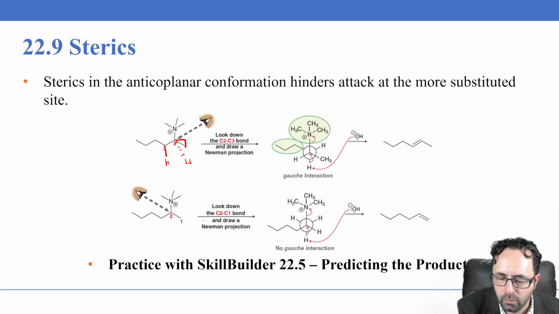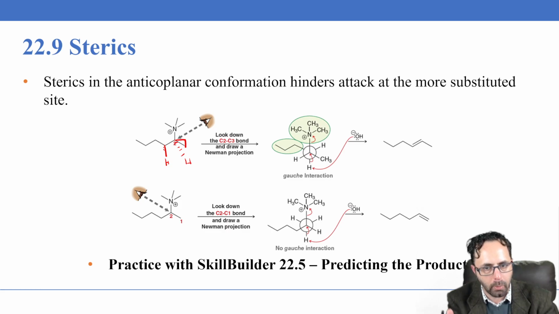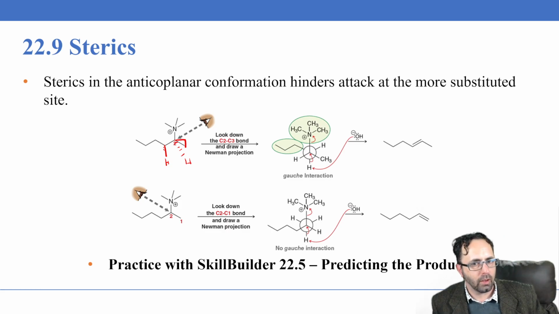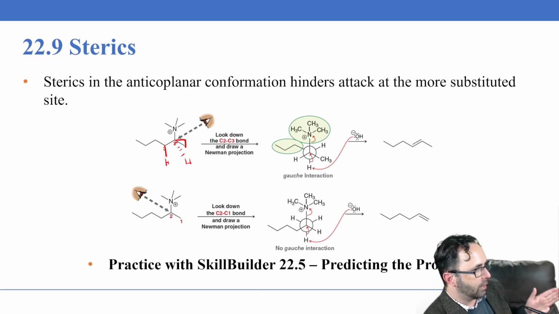Now, as I said, we're looking from right to left here, so a dash will be on the right side of our Newman projection. A wedge, which pops out of the page, will be on the left side, right? Imagine you're turned this way. I'm turned this way. I'm looking down the page.